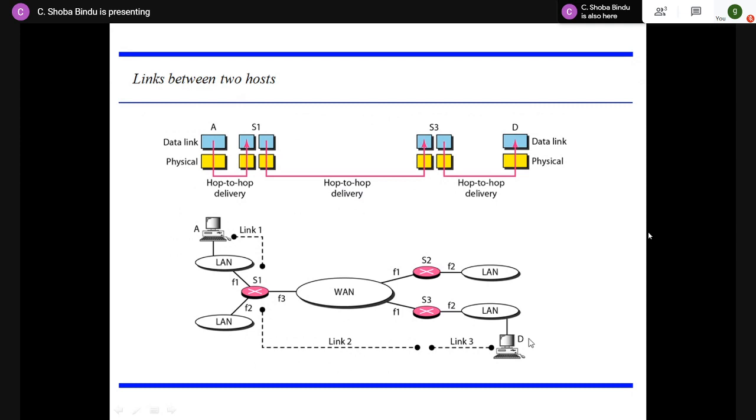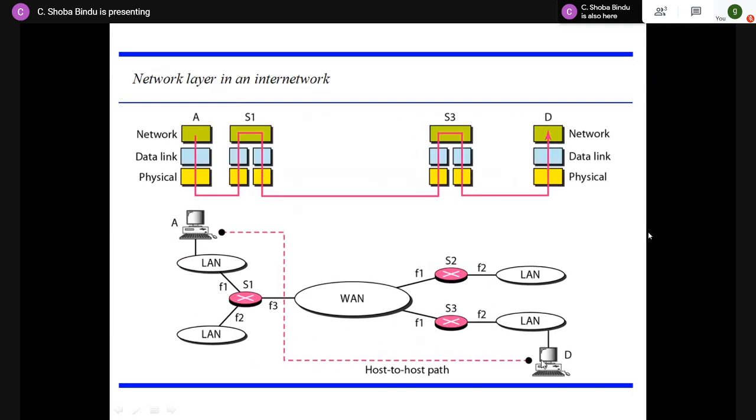But here we have shown only the bottom two layers. When the network layer is involved, this is how we are going to transmit the packet. At every node, at every router that we have here, we'll be looking up to the network layer. At the router, you need to make the routing decision and decide onto which link it has to forward the packet so that it reaches the destination.